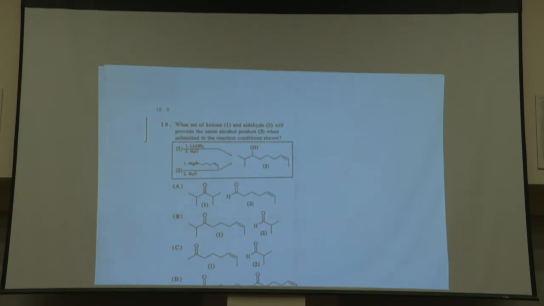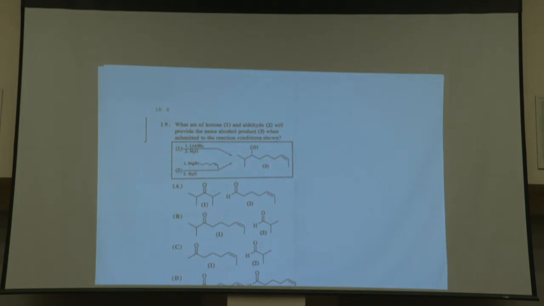Okay. All right, so this is a good one. What set of ketone for number 1 and aldehyde for number 2 will provide the same alcohol product 3 when submitted to the reaction conditions shown? So does everybody understand what the question is asking?